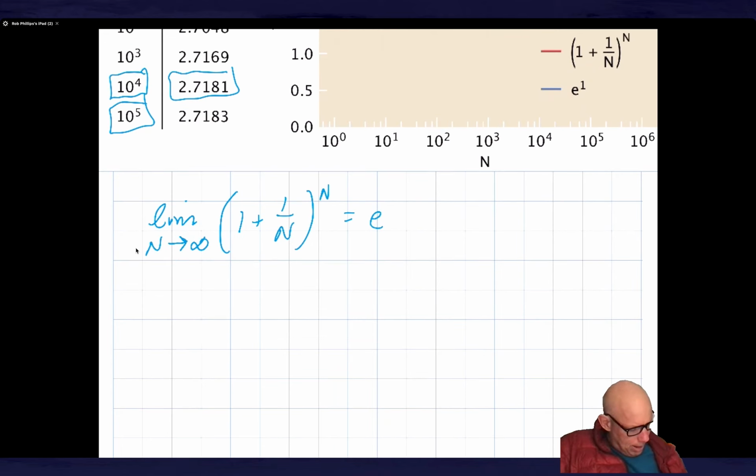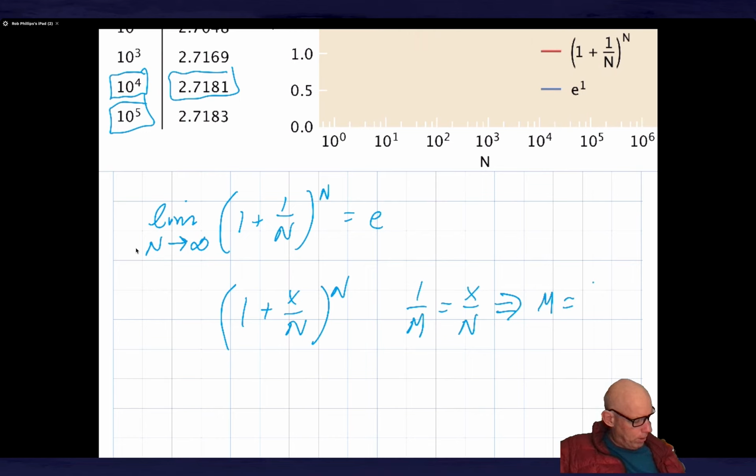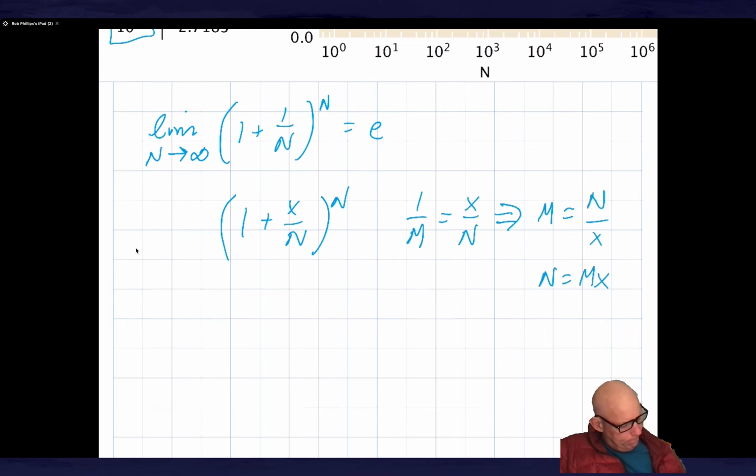And I can now tackle the case of 1 plus x over n to the n power by defining 1 over m is equal to x over n, or m is equal to n over x. So that means that n is equal to mx.